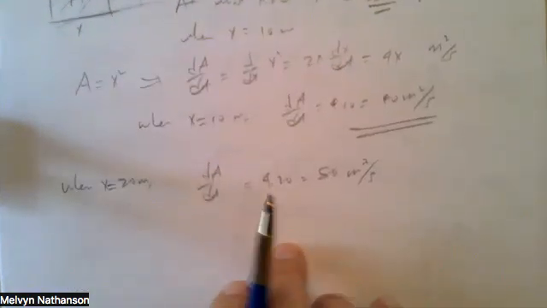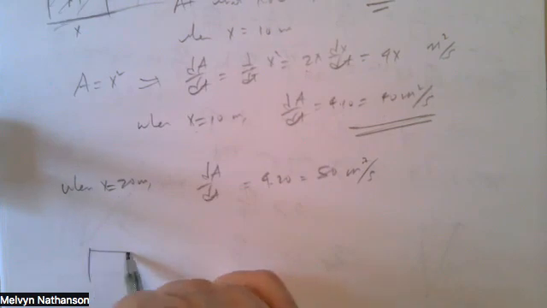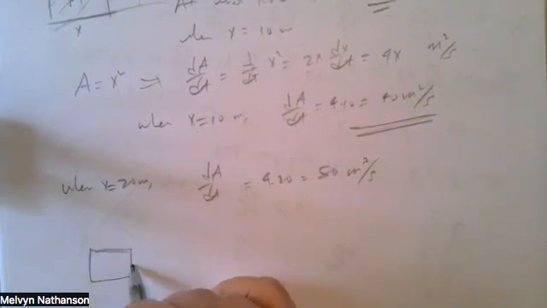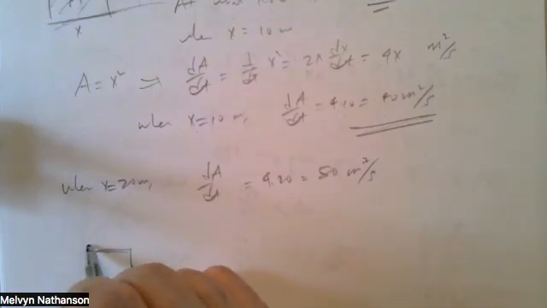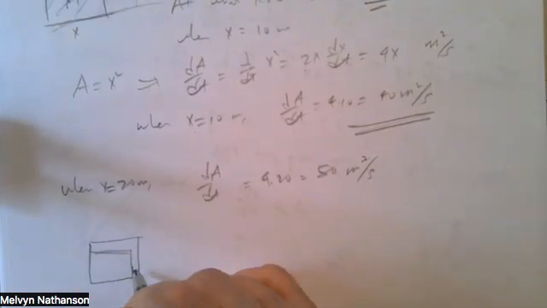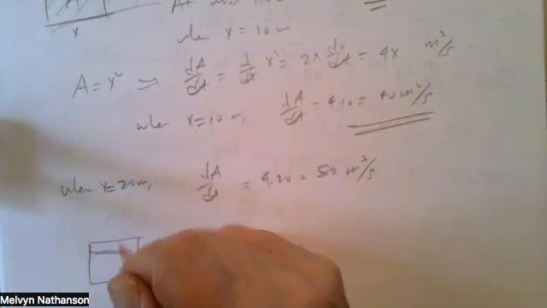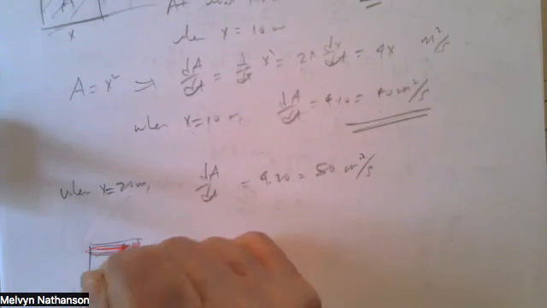You can actually see that from a rough sketch. That is, suppose here you have your square and you increase the area by a little bit. So the added area you get, the increase in the area, is this.